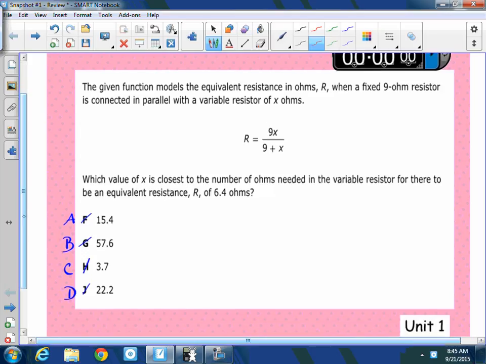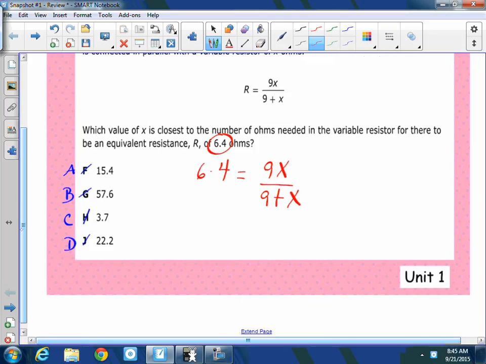Now, this is a lot of mumbo jumbo to tell you when you read that R was how much? 6.4. So I needed to substitute that. And then you needed the value for what? For X. Probably the easiest strategy was to plug in the numbers, okay? And then the one that gave you 6.4, ding, ding, ding, that's your answer, okay? You got to learn how to work when you have A, B, C, D as well, okay?